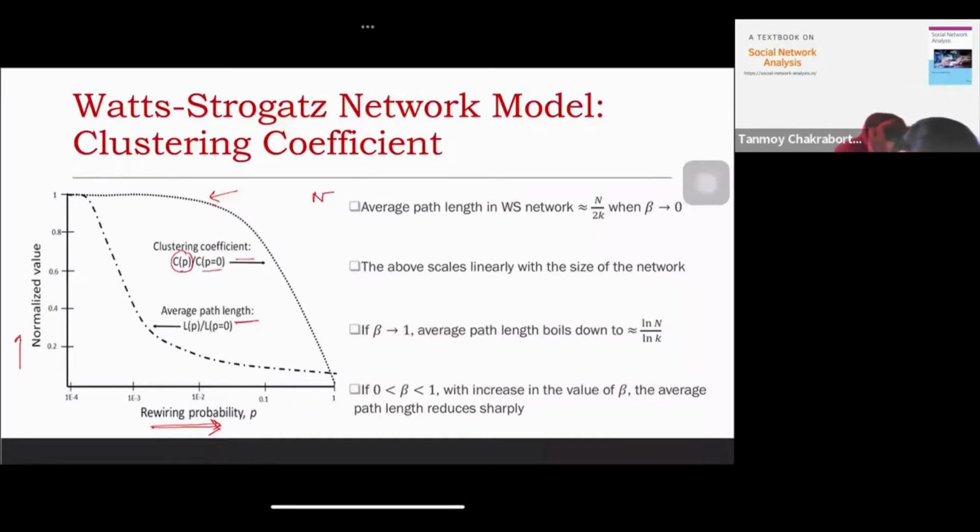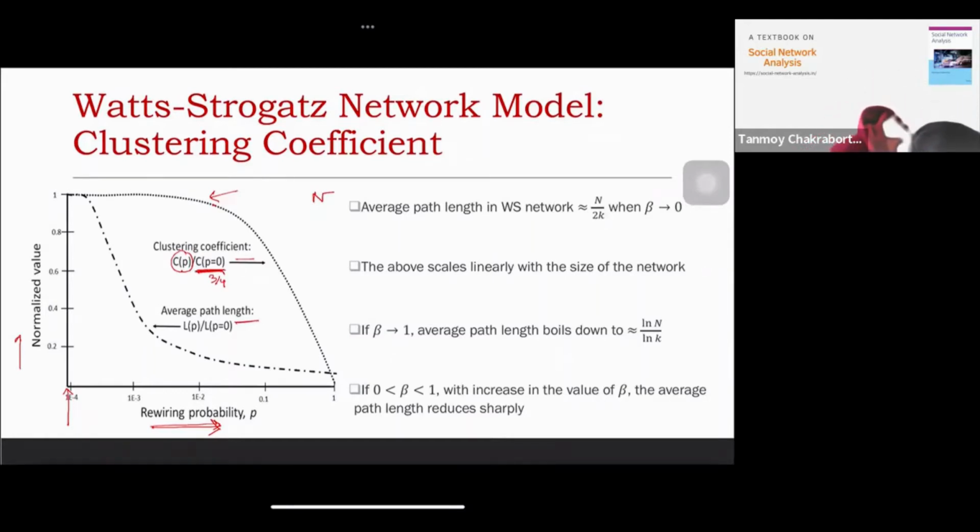And C(0) is the clustering coefficient at p equals 0. Remember, when p equals 0, it is a regular lattice, because we started with a regular lattice and we keep increasing p, and p equals 1 means a random network. So C(0) is 3/4, which we have already seen. This is very high.